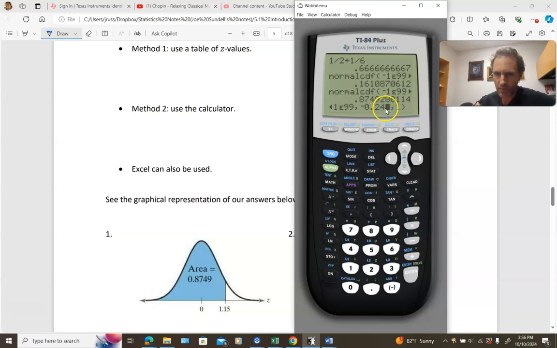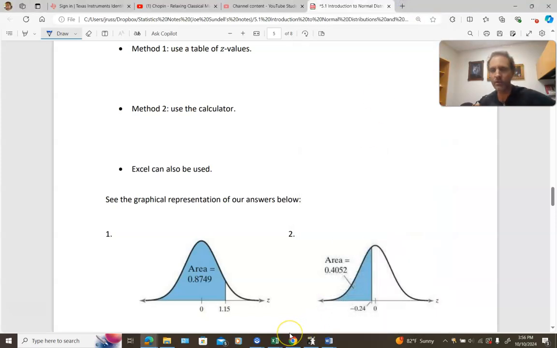Now, I wrote over some of my other stuff here, so I'm just going to have to replace it. We'll put a comma, 0, a comma, and a 1. I'm just inputting the mean and the standard deviation for the standard normal distribution. I'll hit enter, and we get the same thing. This one would round to a 2, so 40.52%. And I'll show you one last time how to use Excel.